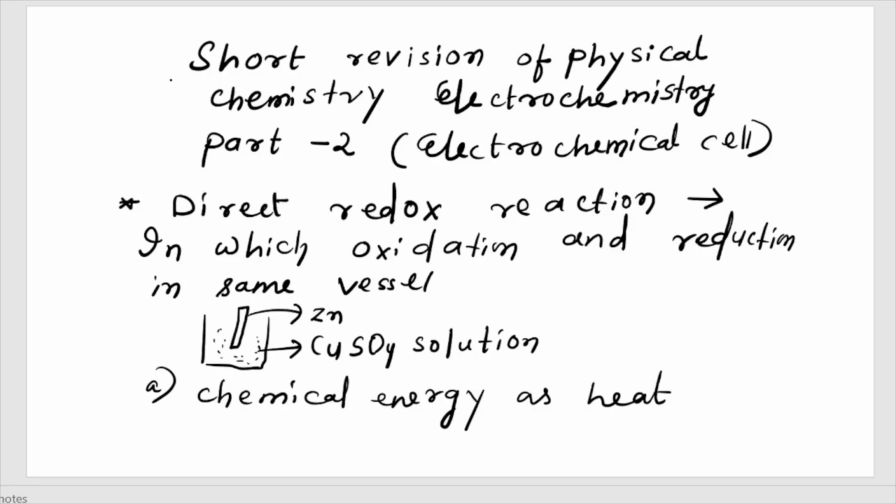Direct redox reaction. What is meant by direct? Sometimes you see what is a direct redox reaction, in which oxidation and reduction occur in the same vessel. Direct means both oxidation and reduction take place together. For example, zinc. See this diagram.